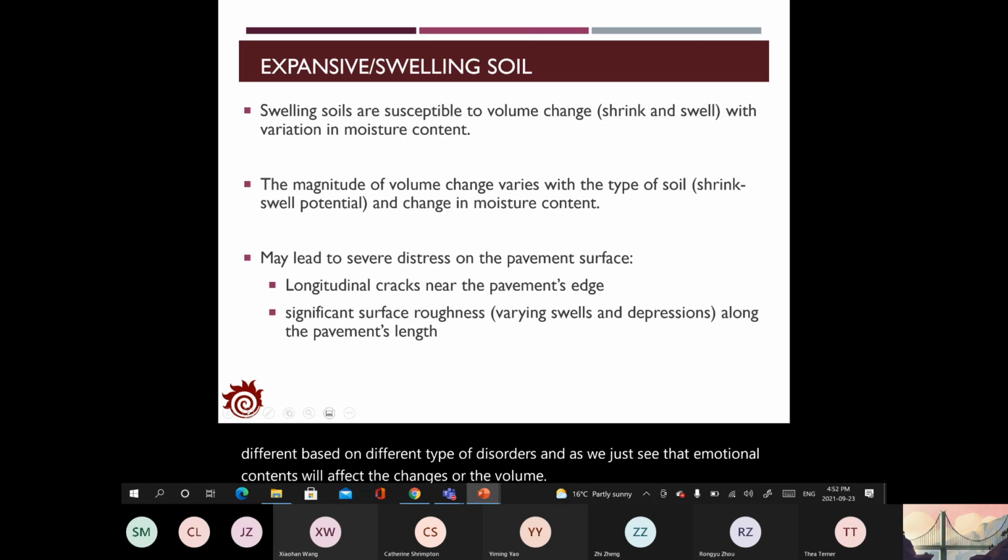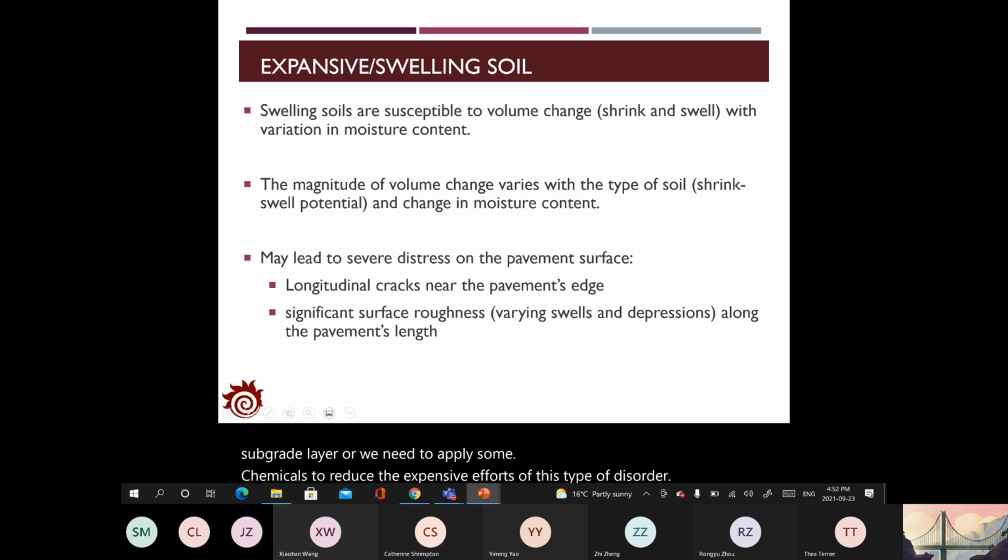So we need to identify the shrink-swell potential of the soil, and if we find some soil which is swelling or expansive, we need to carefully process that soil, either remove it from the subgrade layer, or apply some chemicals to reduce the expansive effects of this type of soil.